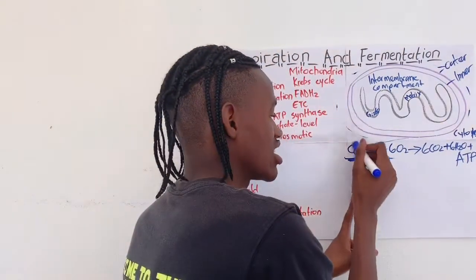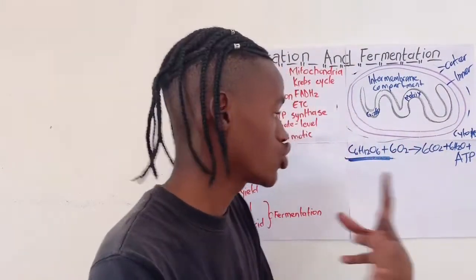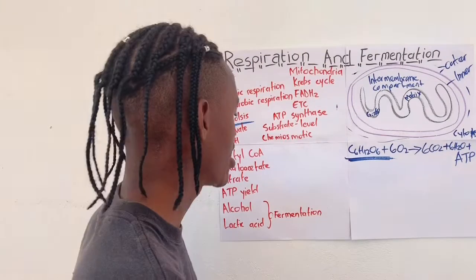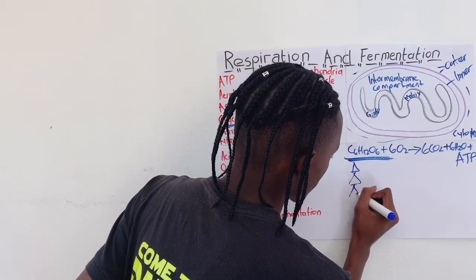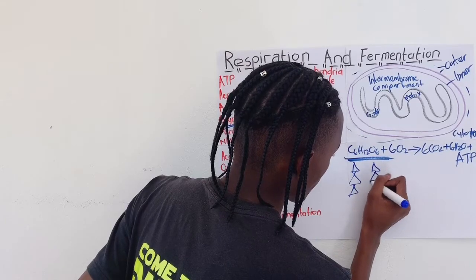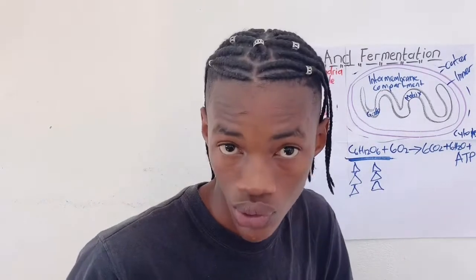As you can see, glucose is a 6-carbon molecule, and it is broken equally to produce 2 other carbon molecules.